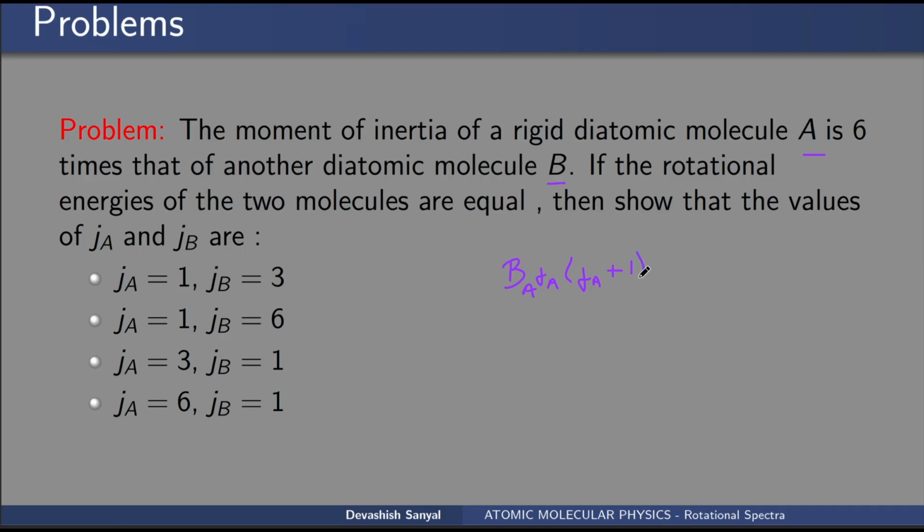This is for molecule A, and for molecule B it will be B B, and then we have J for the molecule B, JB, times JB plus 1.